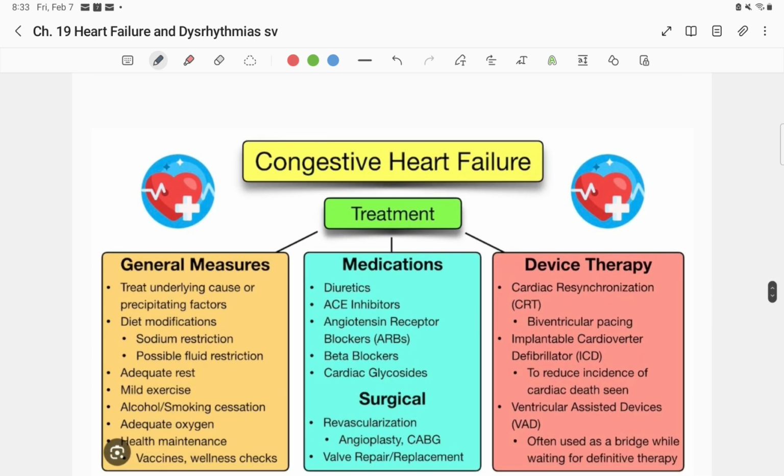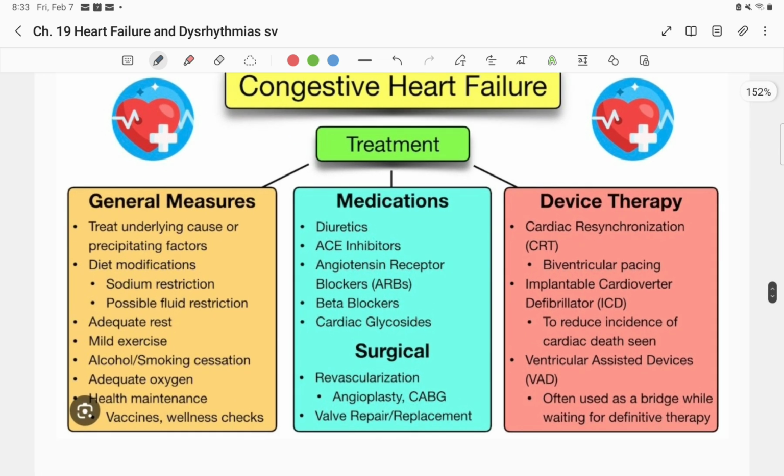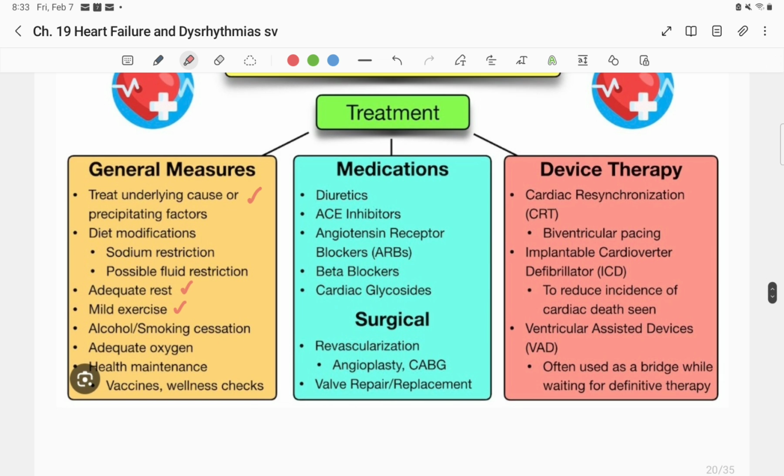Okay, congestive heart failure, some treatments. So treat any underlying cause or precipitating factors, so diet and lifestyle modifications, adequate rest, mild exercise, stop drinking, stop smoking, adequate oxygen. Medications may be diuretics, ACE inhibitors, angiotensin receptor blockers, beta blockers, glycosides.